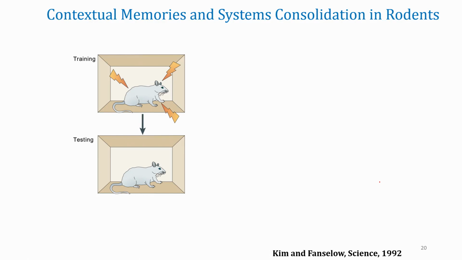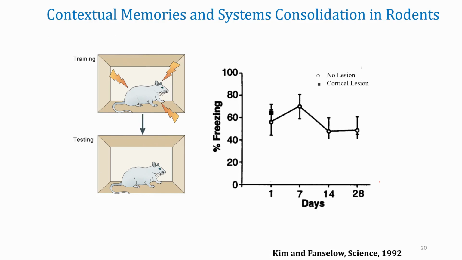Very good. Now, what they showed is that such remembrance or retrieval is dependent on the hippocampus, but that dependence is very short lived. So what you are seeing is that you are measuring the freezing as a function of the number of days after which you perform a hippocampal lesion.